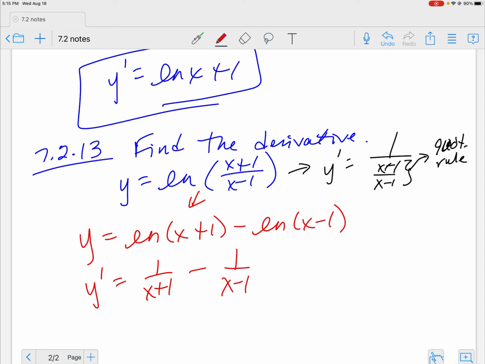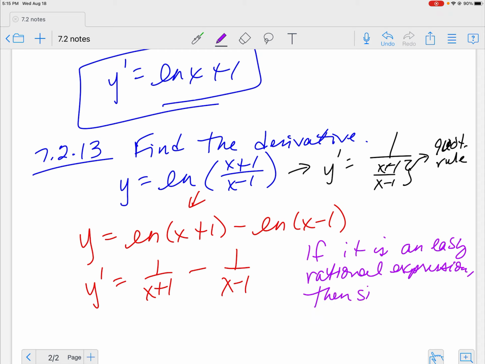Now, anytime you have something super easy like this, if it is an easy rational expression, then simplify. If it were something super crazy, where you can't get a nice easy common denominator, then don't.